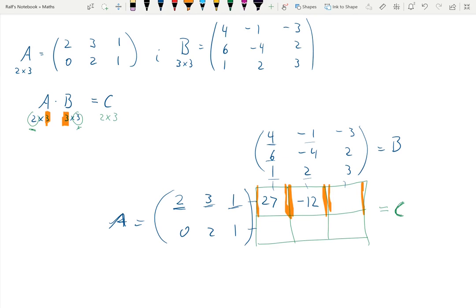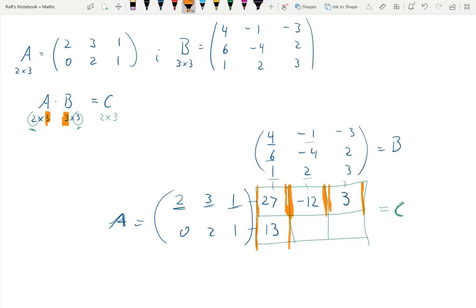Here we are left with a 3. So we're halfway through. Now we're calculating this value, which is the inner product of this row times this column. 0 times 4 plus 2 times 6 is 12, plus 1 times 1. Here we end up with 13.